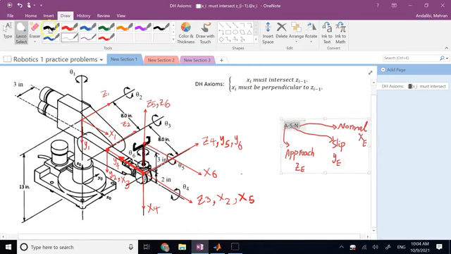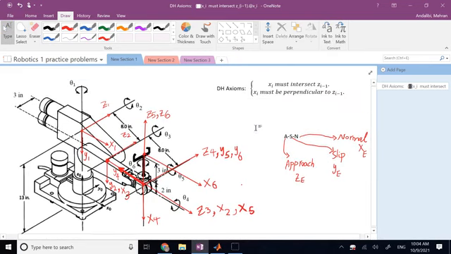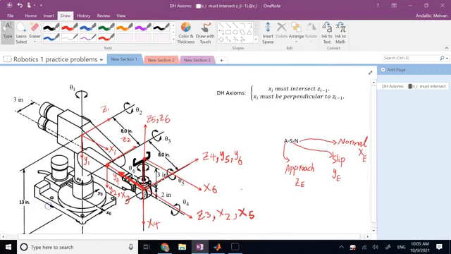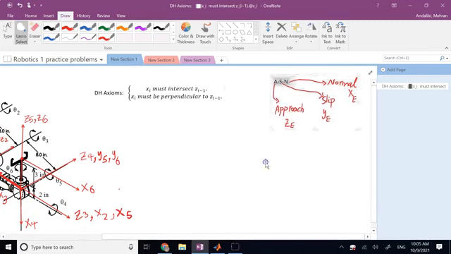So now finally my x's are set, and it is time to go ahead and fill the DH table. Okay, so let's go ahead and fill the DH table. For that, maybe I create a table right here.